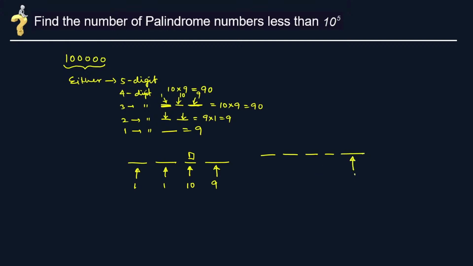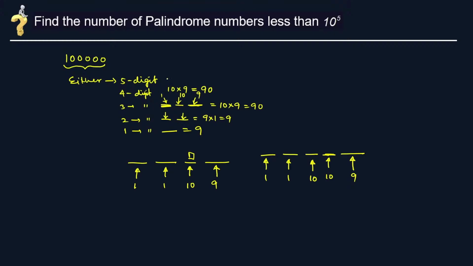This place can be filled in 9 different ways. In a similar way, this place can be filled in only 1 way. This place can be filled in 10 different ways because now 0 can come. This place will be the same digit as placed here, in 1 way. And for this place there is no restriction, so 10 digits can come here.